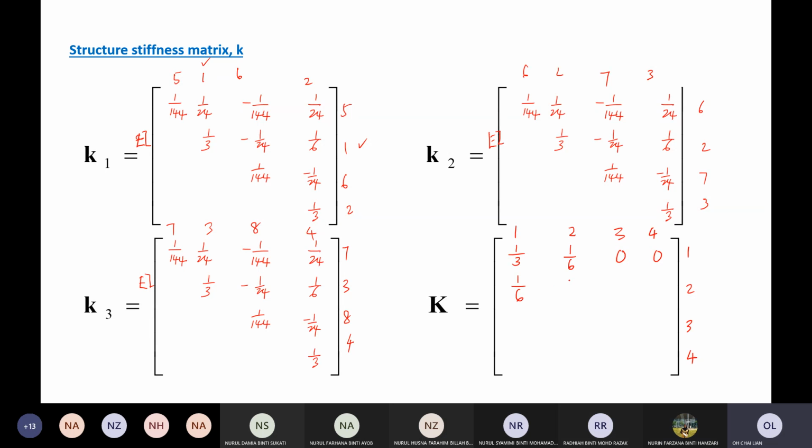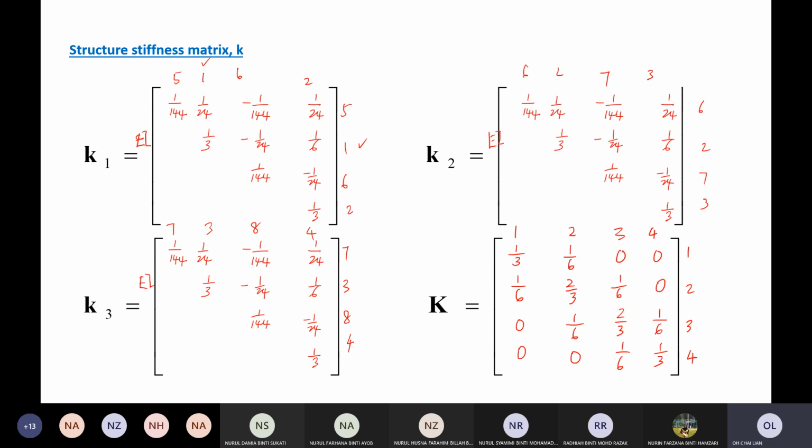K22, 2/3. K23, 1/6. Continue. 0, 0, then 1/6, 1/6, then 2/3, then 1/6, 1/6, then 0, 0, 1/6, 1/3. Okay.